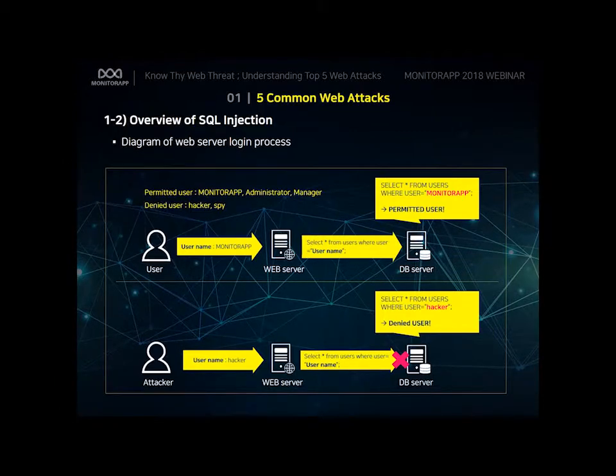The web server inputs the data received from the user into the specified SQL statement. Then, the database sends the result of the corresponding value to the web server to process the contents. Assuming this is a login attempt, the user with a permitted account will receive the login success, and an unauthorized account attacker will receive the login failure result.